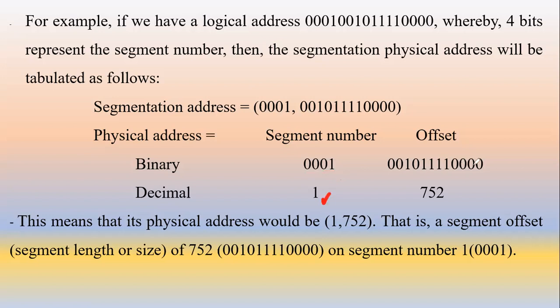You do the same for the offset, and in this case, the decimal equivalent of this series of binary digits is 752. This means that its physical address would be (1, 752). You enclose that in brackets.